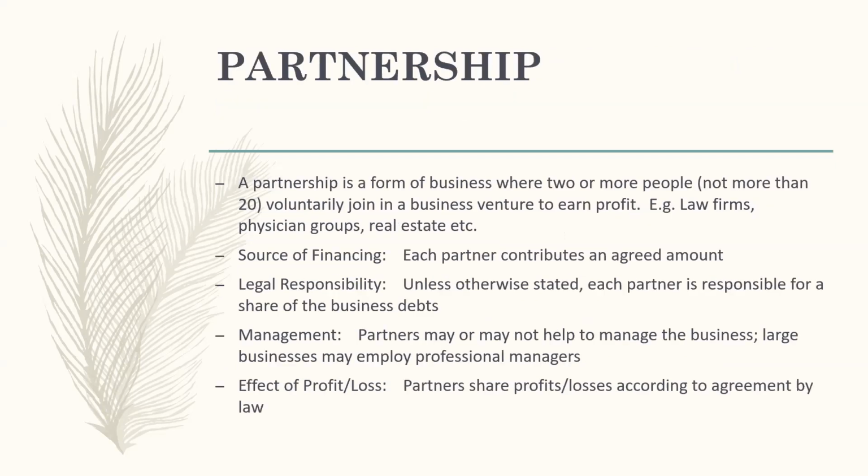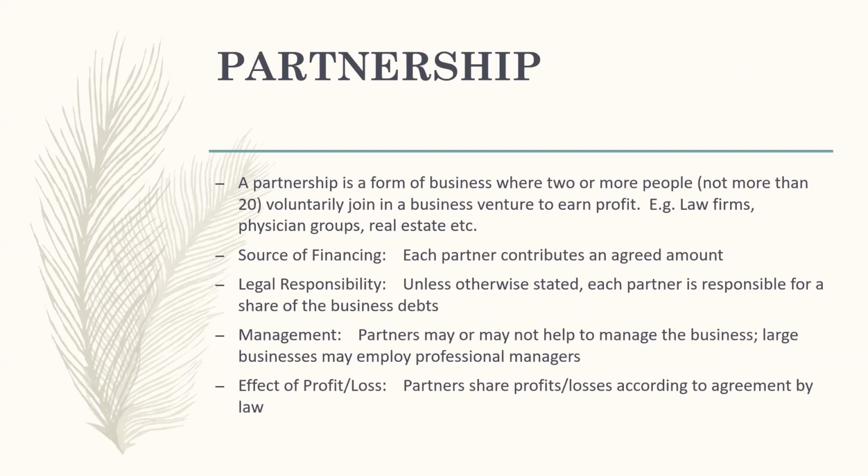We're going to look at partnership. Okay, partnership. A partnership is a form of business where two or more people, but not more than 20, voluntarily join in a business venture to earn profit. Again, this is another type of business, and their aim is to earn profit.